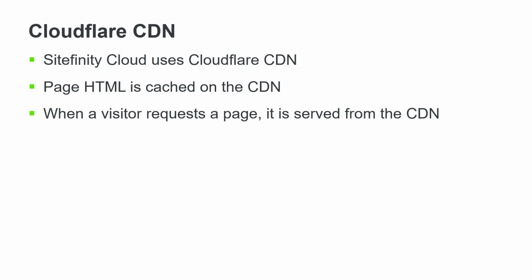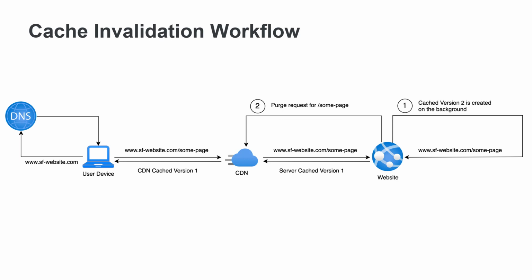Typically, when using a CDN, the CDN cache is refreshed only after the time to live expires. This does not allow for long CDN cache durations because website content can quickly become stale. In Sitefinity Cloud, to solve this problem, there's a workflow configured to proactively purge the CDN cache for specific URLs. This means every time a page is updated, the CDN cache is updated right away, with up to a few minutes delay.